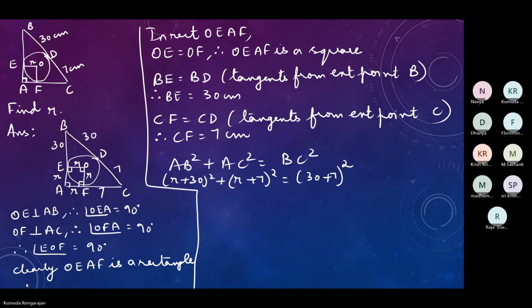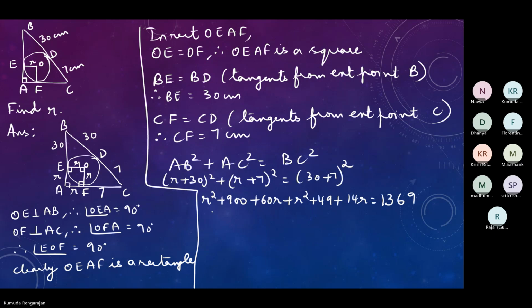So, a squared plus b squared plus 2ab, 60r, plus a squared plus b squared plus 2ab, 14r, is equal to 37 square, children. What is 37 square? 1369.